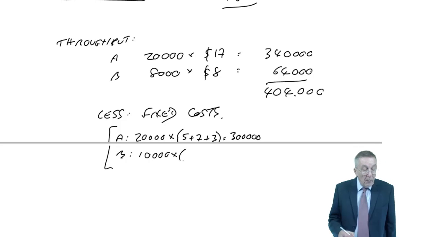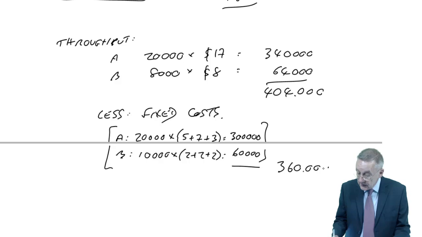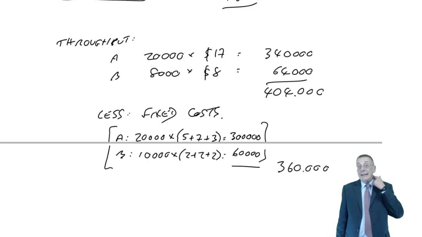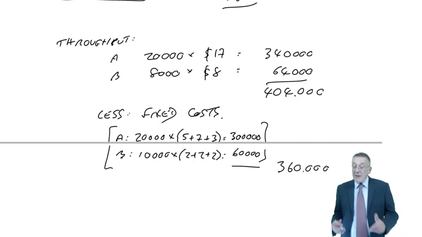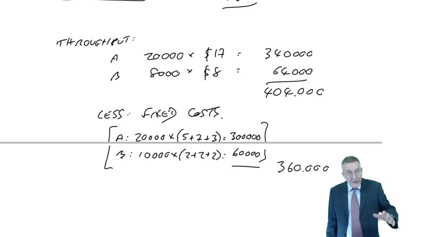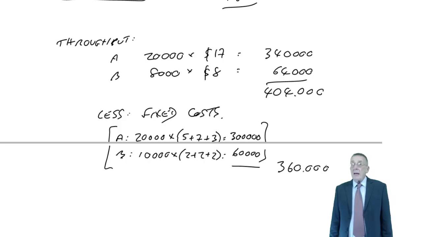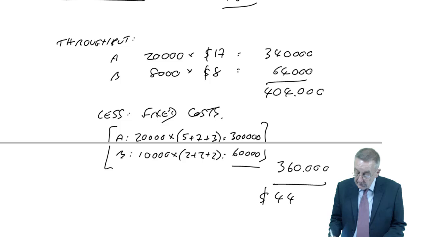And similarly for B, the fixed ones, labour, other variable, fixed, total of 60,000. And so 360,000. That's what we thought we'd spend in total. And even though we actually produced less because of this limit, we assume that total stays fixed. And so the maximum profit is 44,000.